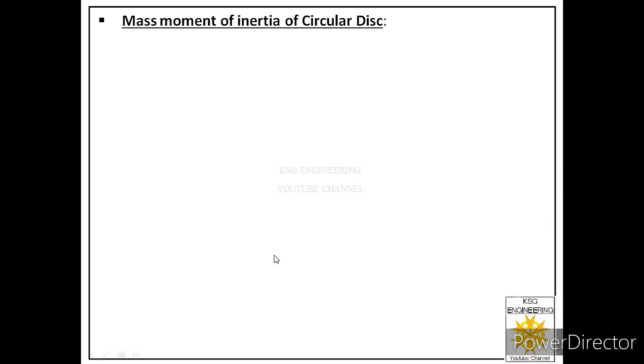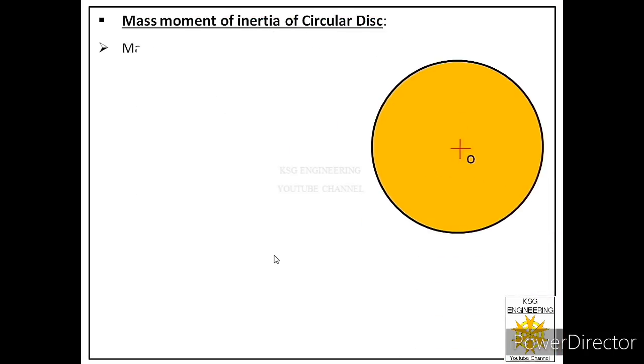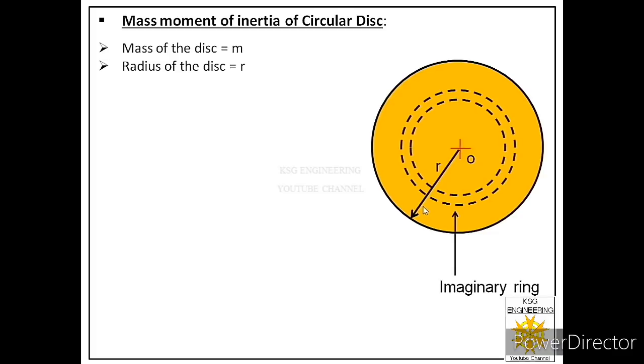Okay, so this is the disk, and let us say the mass of the disk is m and the radius of the disk is, let us say, r units. Now, in order to find the mass moment of inertia of this circular disk, we have to assume an imaginary ring in that disk. So let us say the distance of that ring from the center, or we can say the radius, is x, and its thickness is, let us say, dx.